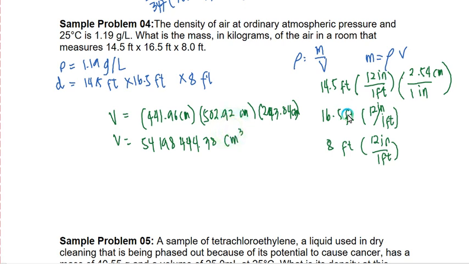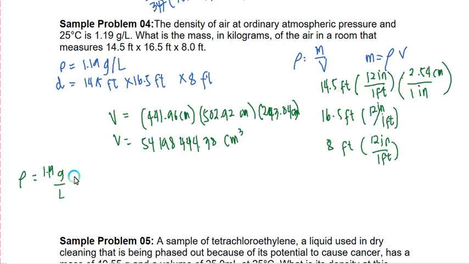We use cm cube because I can relate cm cube to ml or milliliters. The given density is in gram per liter, 1.19 gram per liter. Take note, what we are looking for is in terms of kilogram.